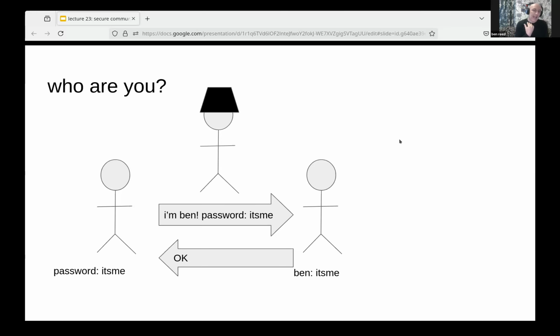And then as I say the password, the attacker coughs. So the person on the right doesn't hear it, but the attacker hears it, right? So now the attacker has the password, and the attacker can be the first one to identify. And this can easily happen over the network. This is why we don't do this.